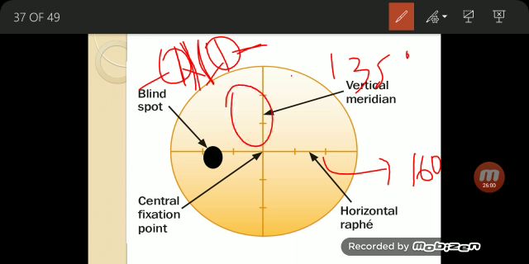For the vertical part, the visual field of each eye is also divided into the upper field and the lower field by the horizontal line passing through the fixation point. The extent of the upper field is about 60 degrees as it is restricted by the upper eyelid and the orbital margin.